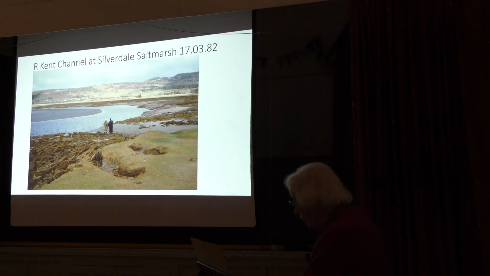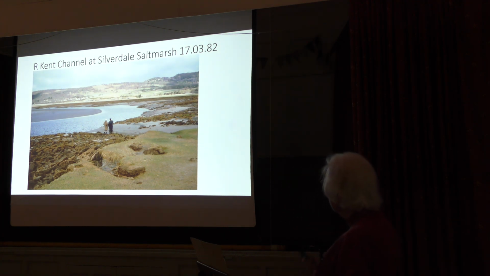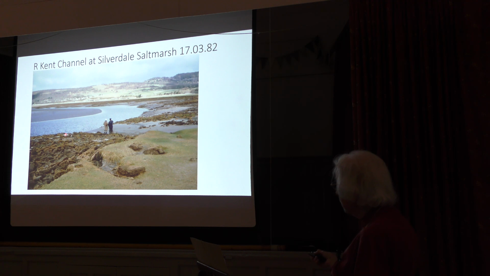Now this slide just illustrates what the marsh looked like in 1982. A very different situation from what you saw in 1964 on the photograph I showed taken near the Silverdale shore. Here the main Kent Channel is flowing very close to the edge of the Salt Marsh. It's caused considerable erosion.